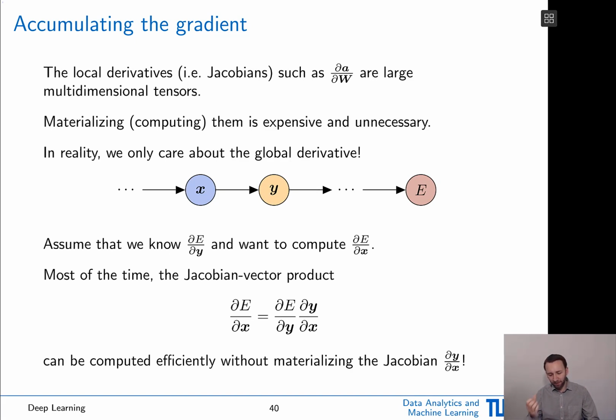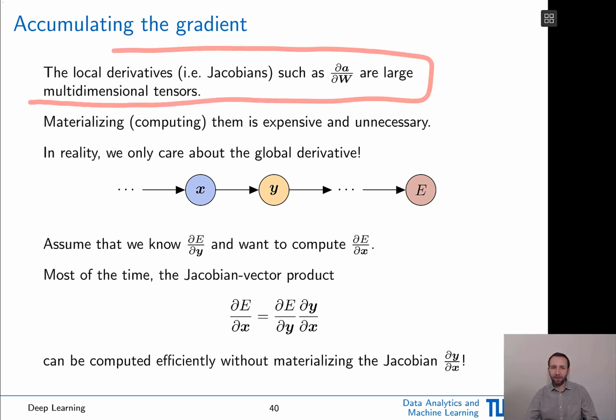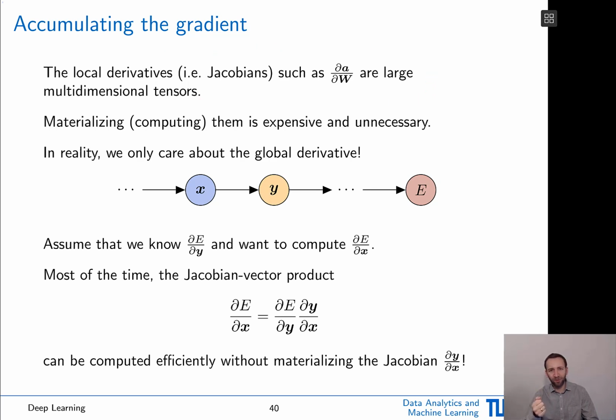This is not what we want. Put differently, in simple terms, computing these local derivatives, which I told you before how we do, we actually don't want to do this because it's too expensive. Here you see it one more time. Before, I said computing the gradient, for example of our loss function with respect to the input x, can be written as this product of local derivatives, which is correct.